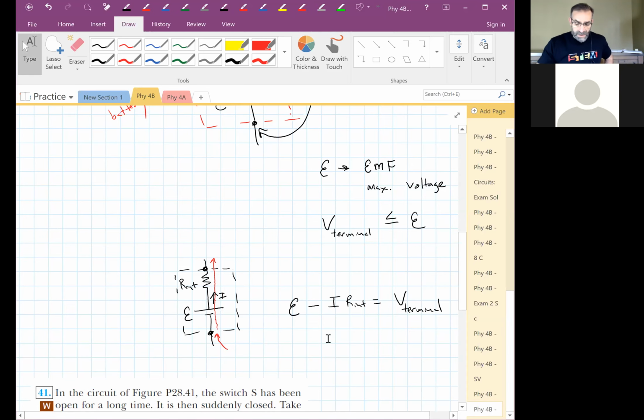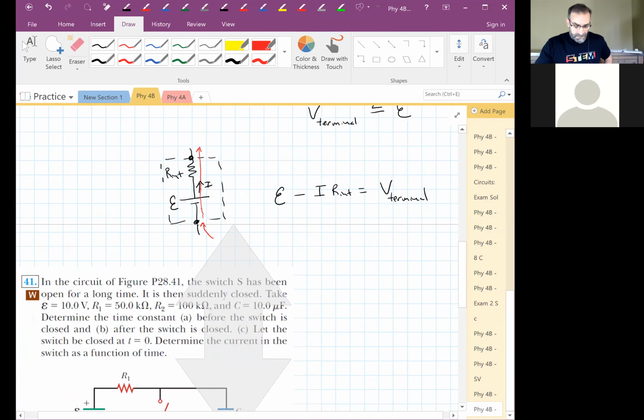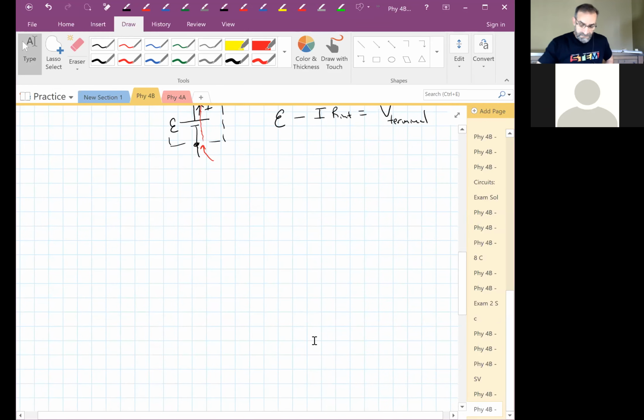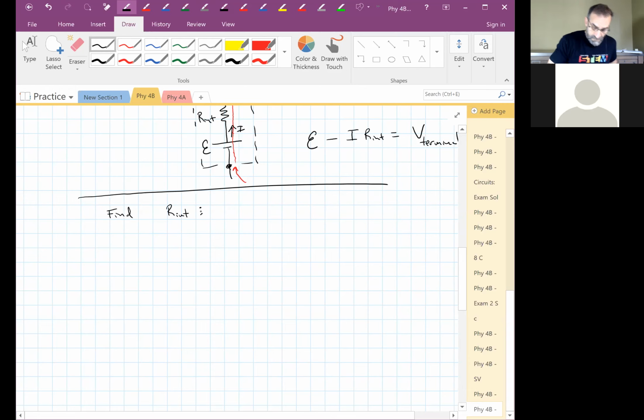All right, let's do a quick recap of our lab that we had earlier where we measured the internal resistance of a function generator or battery. Here's our battery or power supply.